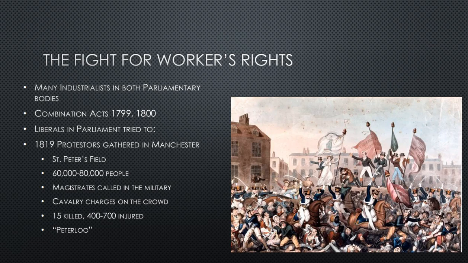More specifically, it occurred at St. Peter's Field in Manchester. On August 16th, 1819, a crowd of around 60 to 80,000 people gathered, and basically they were demanding voting rights that were more fair to them.